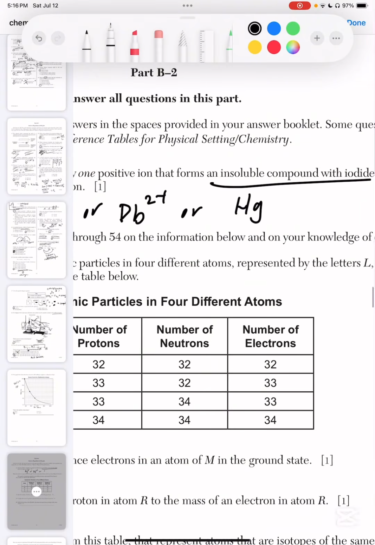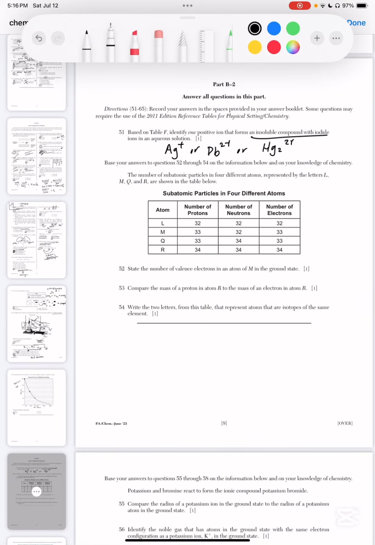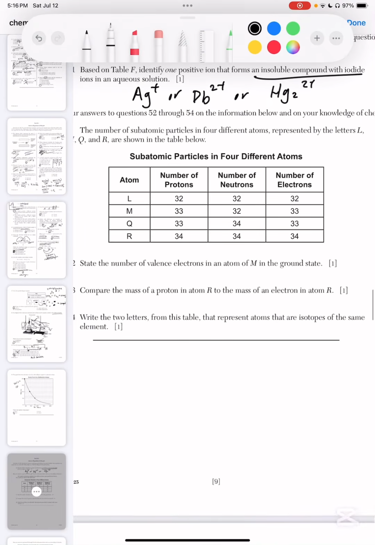Okay. State the number of valence electrons in an atom of M in the ground state. So M has 33 protons. I'm kind of lazy, so I don't want to write out the whole thing.